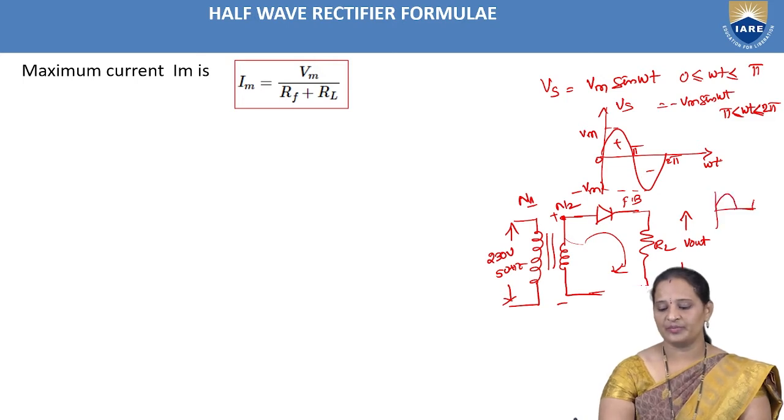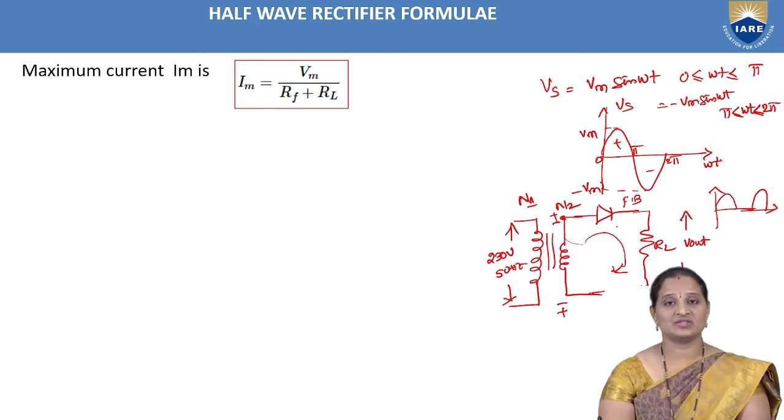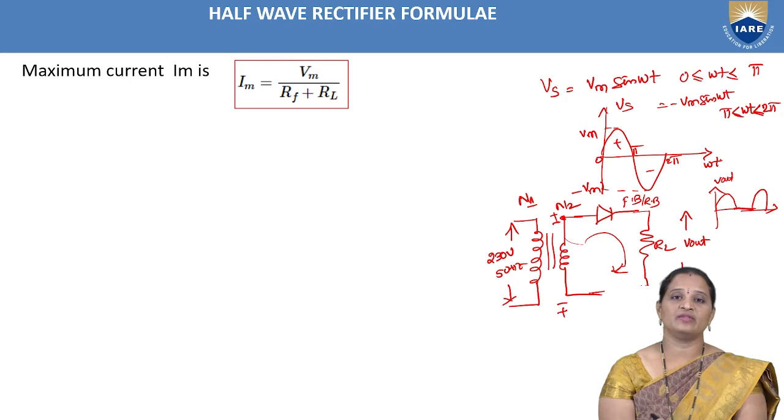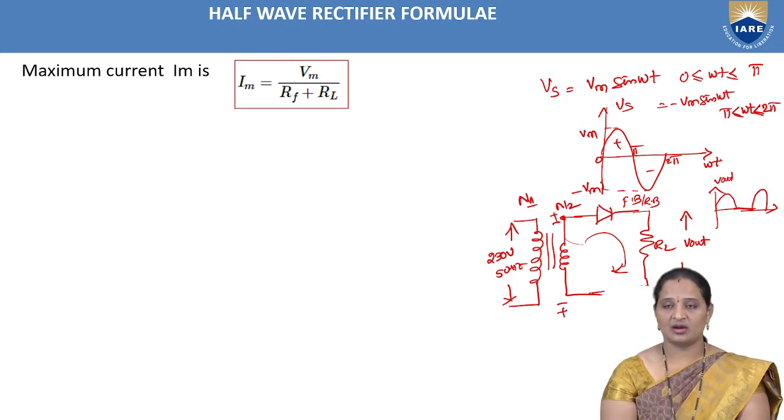During the negative half cycle, this point becomes negative and this point becomes positive, so a negative voltage is applied to the anode of the diode and it is reverse biased. It is then open circuited and no current flows through the diode, and hence we get zero output voltage across the load resistor during the negative half cycle. This is a brief operation of the circuit.